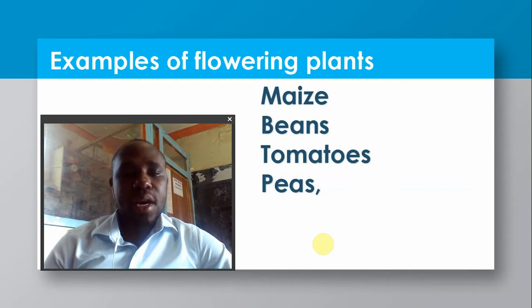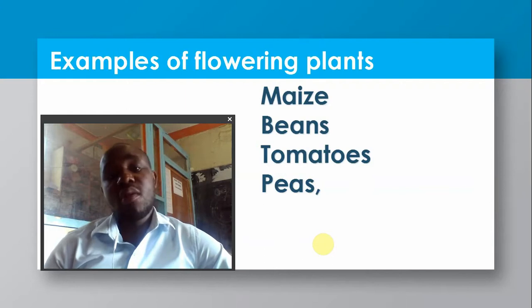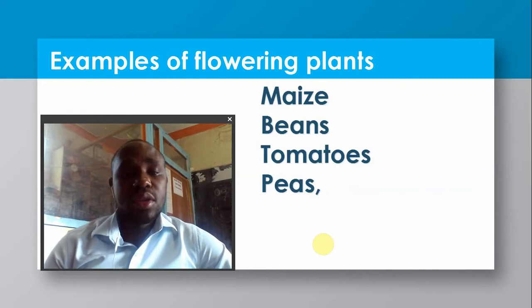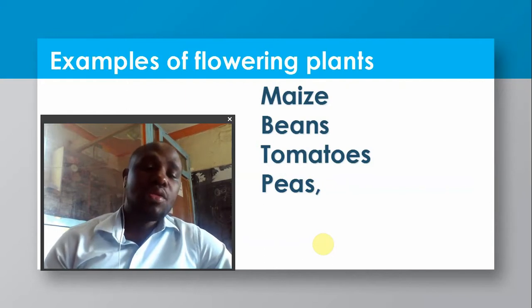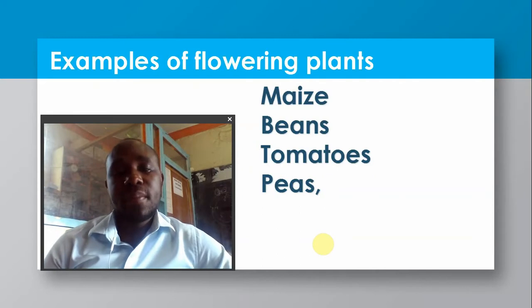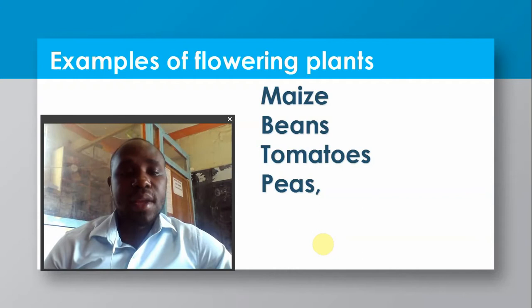Together, we have got pumpkins, we have got sugar canes, and there are some plants which are mainly flowers. You just call them flowers, so they just do bear flowers. I know that we have very many we can list here, as long as you know that that plant, when it grows up, will have to bear the flowers.